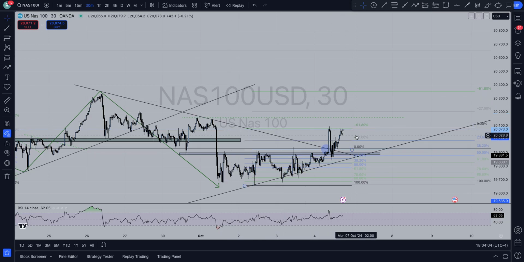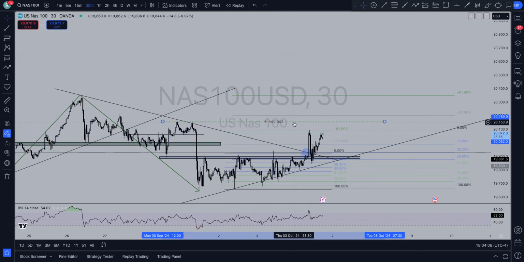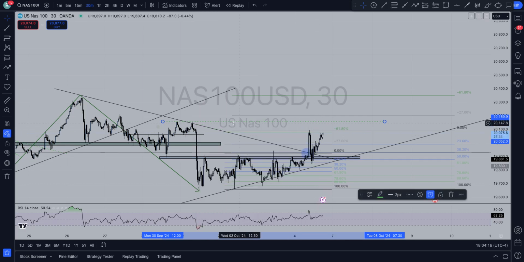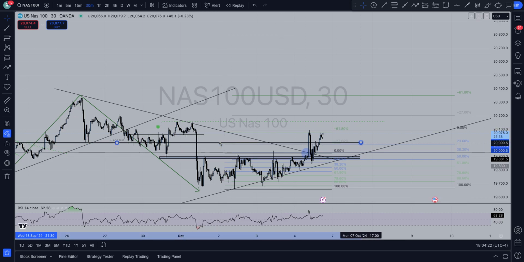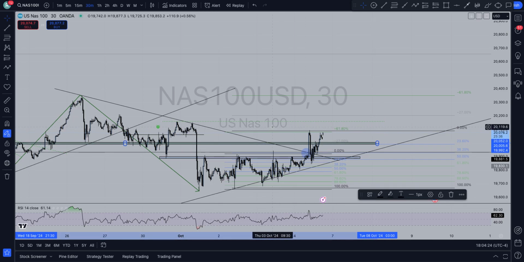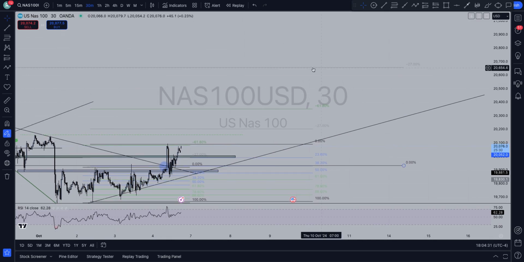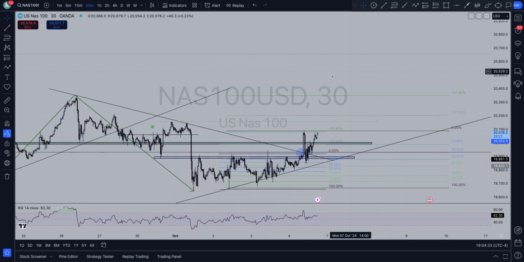So this negative 27%. Let me add an alert right here. Watch price here. I want to see more structure form. I want to see price break this area right here and then come back to retest this area up here. Once we break this and then come back to retest, then I could see us going to this negative 27% from here.